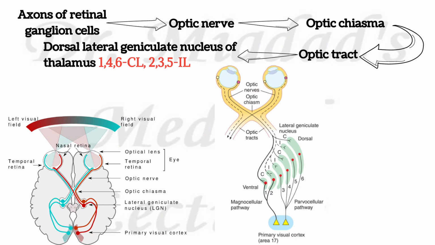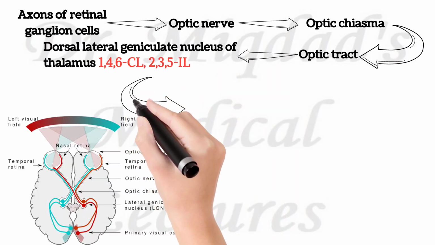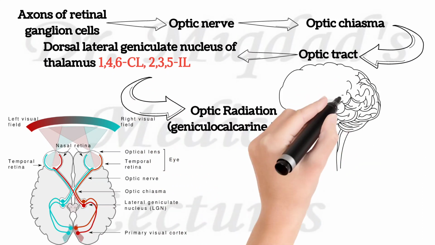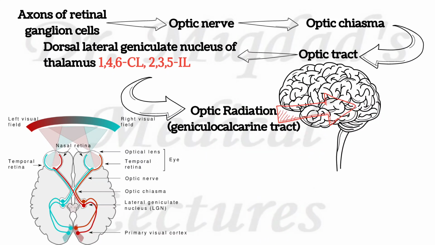Then from the lateral geniculate body, a magnocellular pathway and a parvocellular pathway project to the primary visual cortex in the calcarine fissure area of the medial occipital lobe in the form of optic radiations or the geniculocalcarine tract. The fibers in these radiations are called geniculocalcarine fibers. These are third order neurons in the visual pathway.